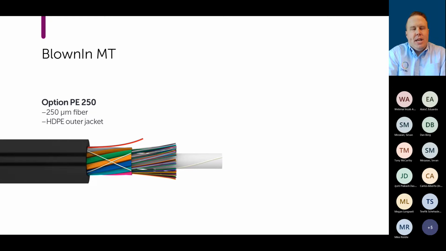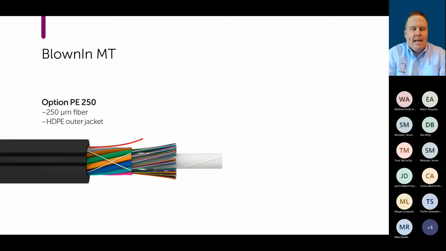So now within the multi-tube designs, we can break those down a little bit further. These are going to be essentially the same, either between a 24 or a 12 fiber per tube. Mainly we're going to run with a 250 micron fiber. That's going to be, we'll call it the default selection, if you will.